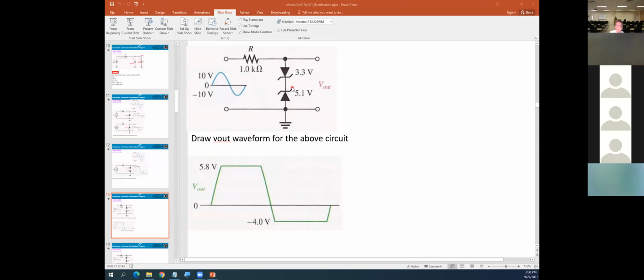However, you remember the zener diode here: when they break down, you substitute a battery. That battery will be positive on this side and negative on the other side. That's why you get minus 3.3.